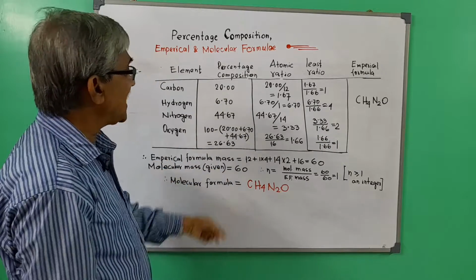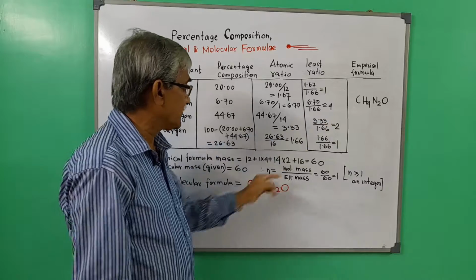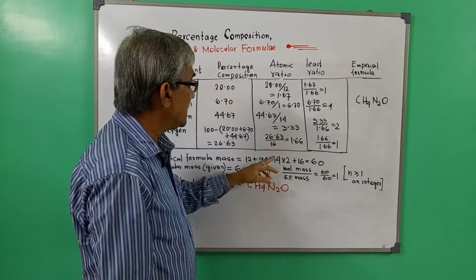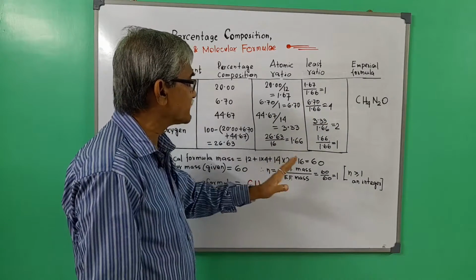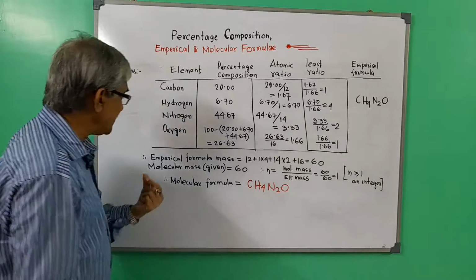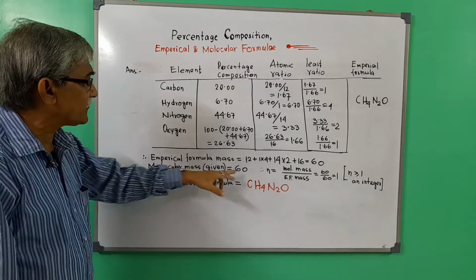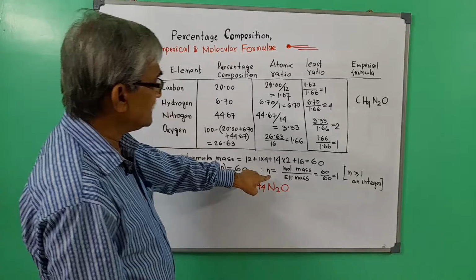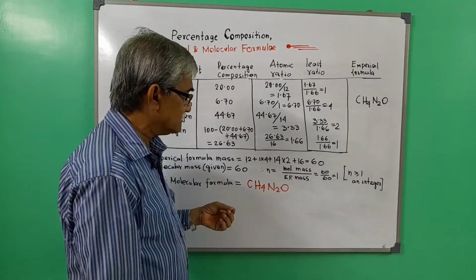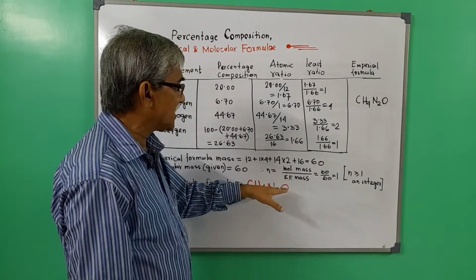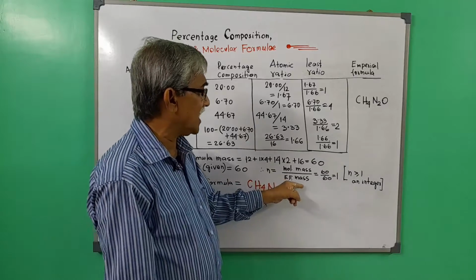Now, what is the empirical formula mass? Just add 12 plus 1 into 4 plus 14 into 2 plus 16, that equals 60. Now what is given? The molecular mass is given as 60. Now there is a number, an integral number, that is nothing but the molecular mass by the empirical formula mass.